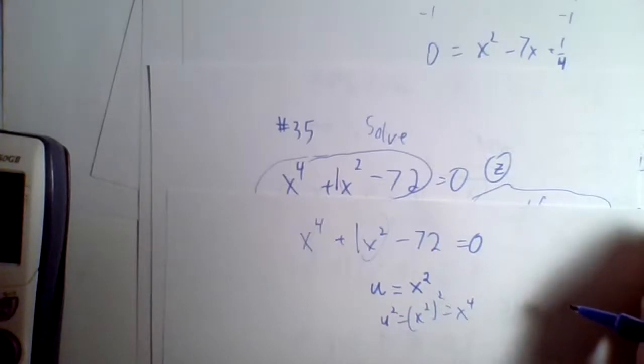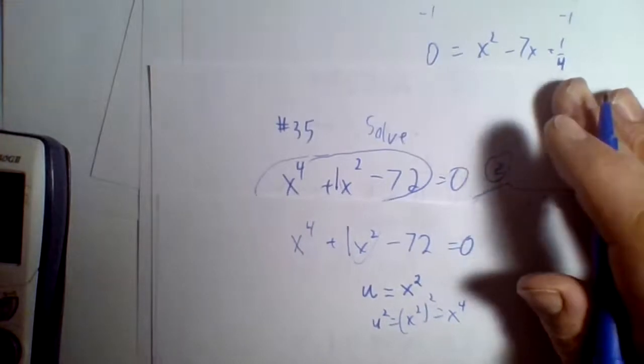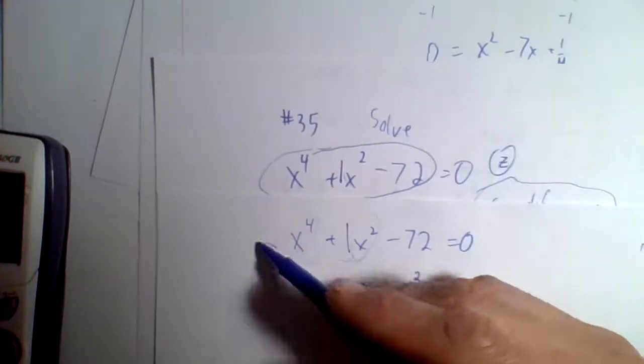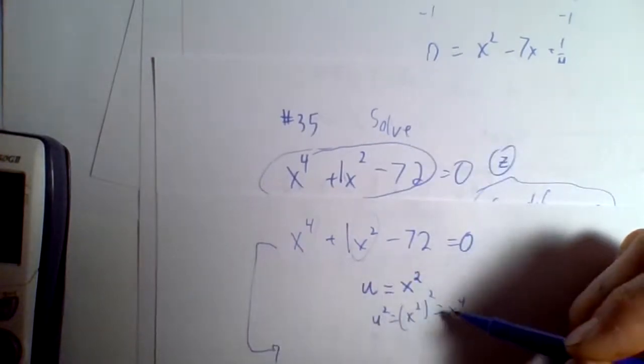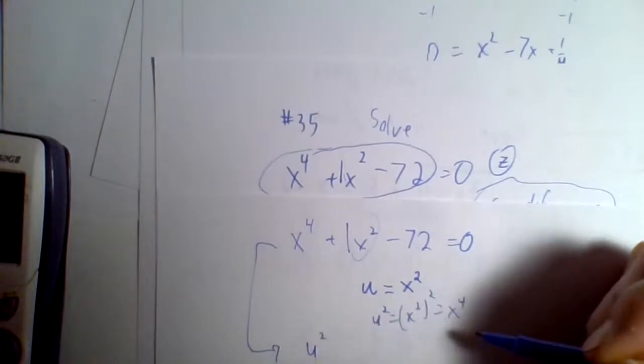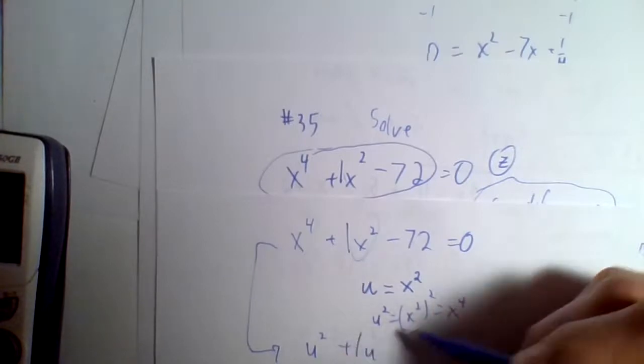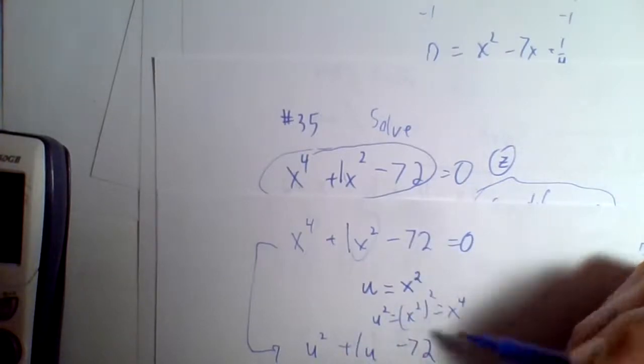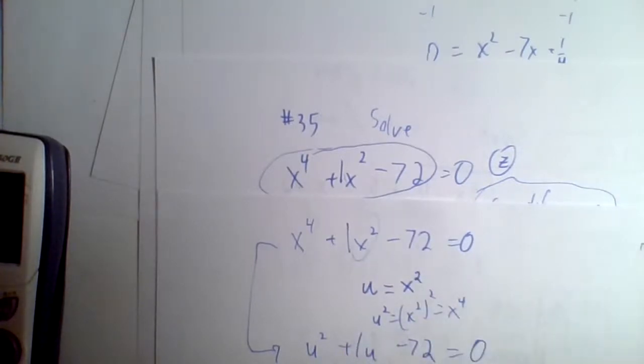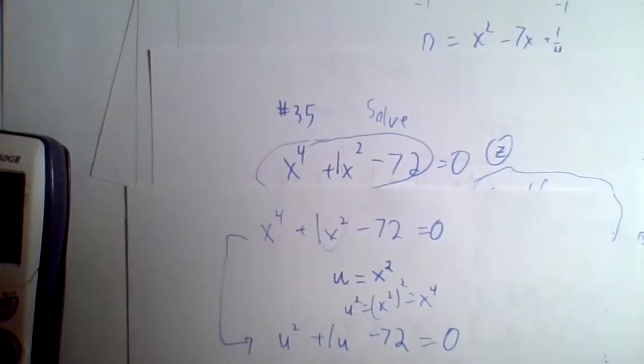And I can rewrite this thing and turn it into a quadratic. They call these equations quadratic in form because you can rewrite them with a squared term, a variable term, and a number term that's still equal to 0.